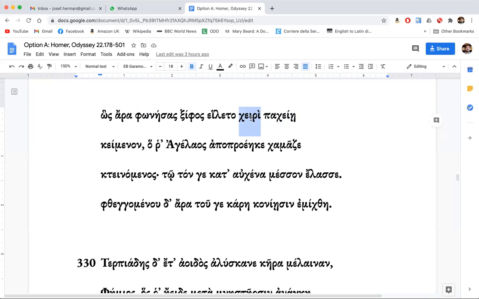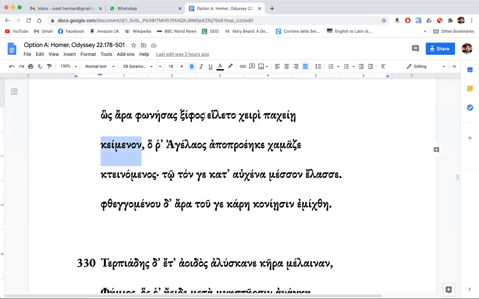So he seized with his strong hand a sword, xiphos, and the sword is described by the participle keimenon, which means lying. The verb keimai means I lie, in the sense of lie down somewhere.